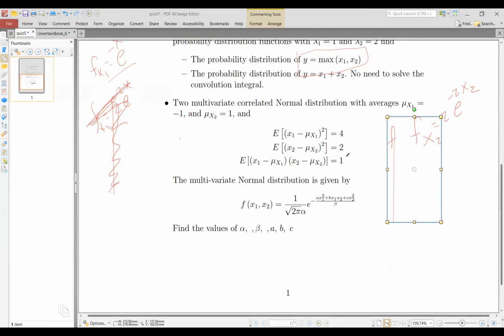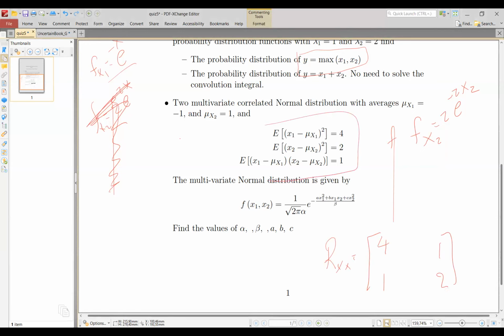What does that mean? It means that now you have Rxx equal to 4, 1, 1, and 2. This is Rxx, the covariance matrix as it is given here.